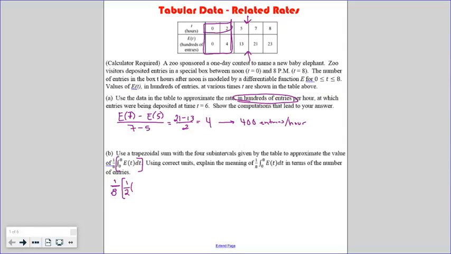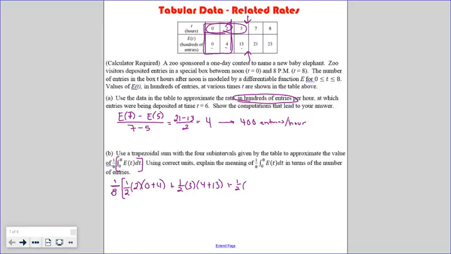Remember, the height is going to be the distance between our bases, or the distance between our variable here, which would be 2, and then our two bases are going to be the two function values on either end of that, so 0 plus 4, base 1 plus base 2. And we're going to do that for each of our trapezoids across here, so 1/2, and then our next height, between those two, a height of 3, and again the two bases are the two function values, so 4 plus 13, plus 1/2.